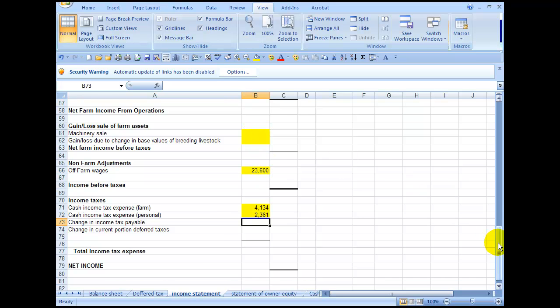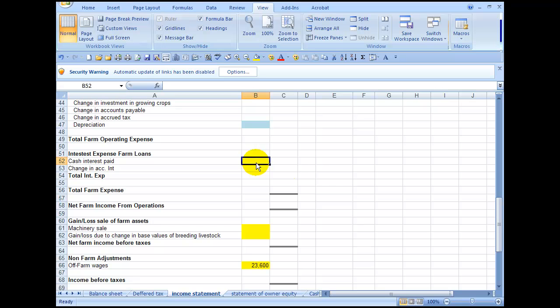Come up to interest. Cash interest paid $33,583. The current portion term debt indicated that the balance sheet was paid on time and a new operating loan was taken out. That's all to do with principal, so it doesn't belong on the income statement.